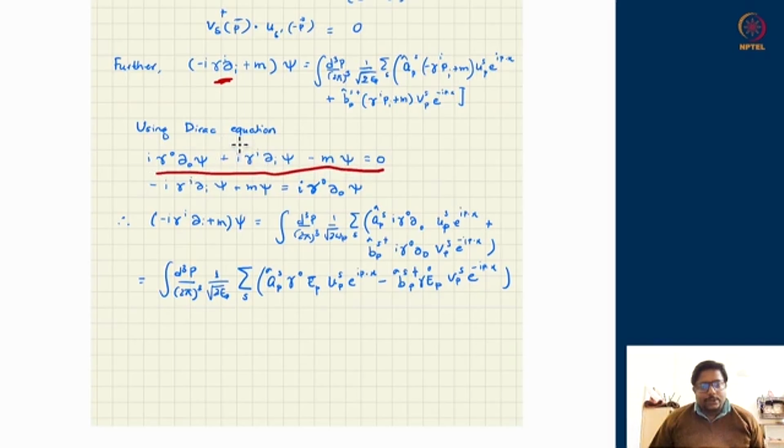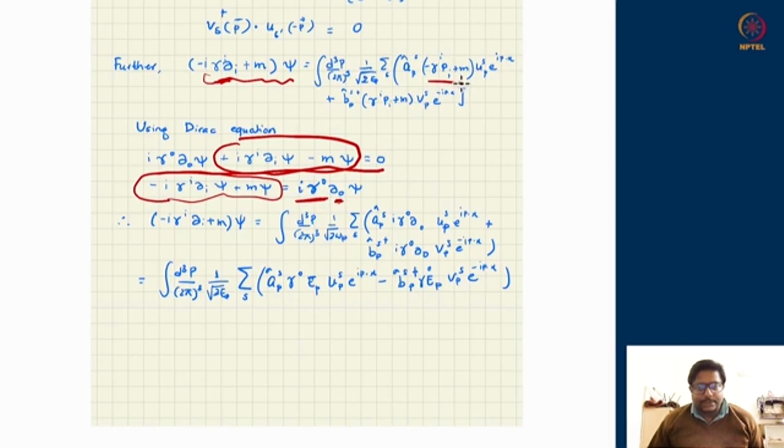Therefore, the part I am interested in is the negative of minus i gamma naught del naught psi. So the part I am interested in over here is just this, i gamma naught del naught psi. So the action of this whole operator is equivalent to the action of i times gamma naught times the temporal derivative.